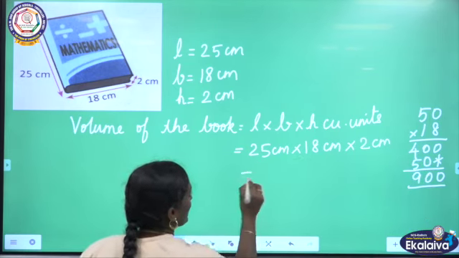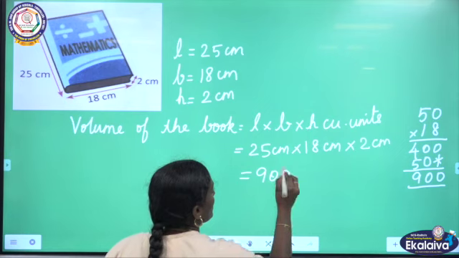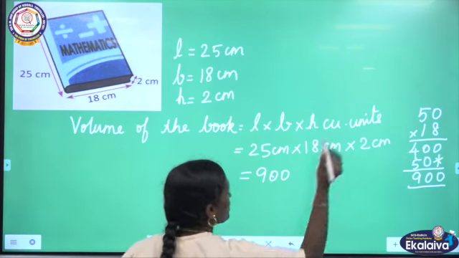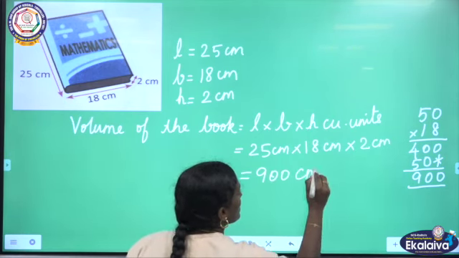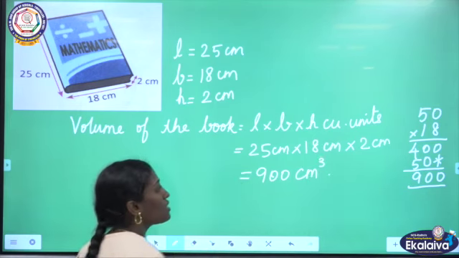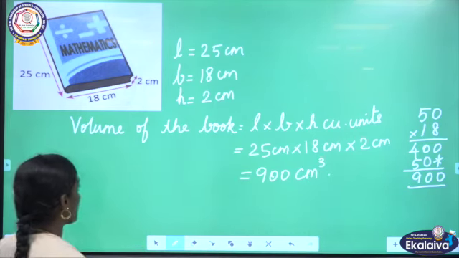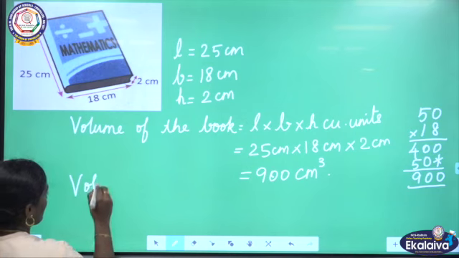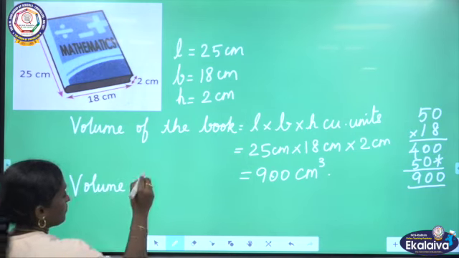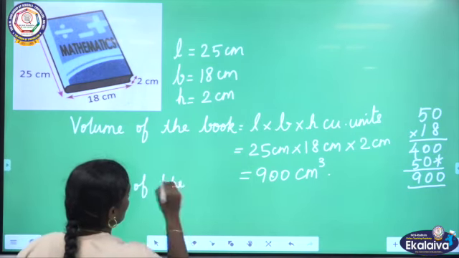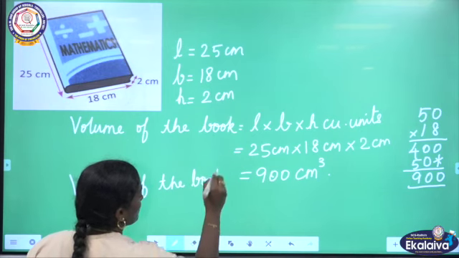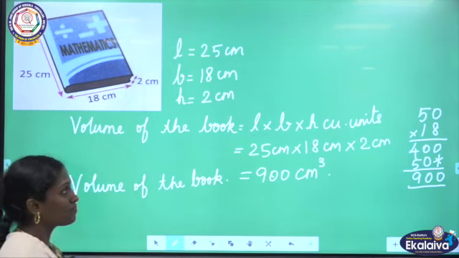So 900 centimeter into centimeter into centimeter, that is centimeter cube. So this is the volume of the book. Is it clear, children?